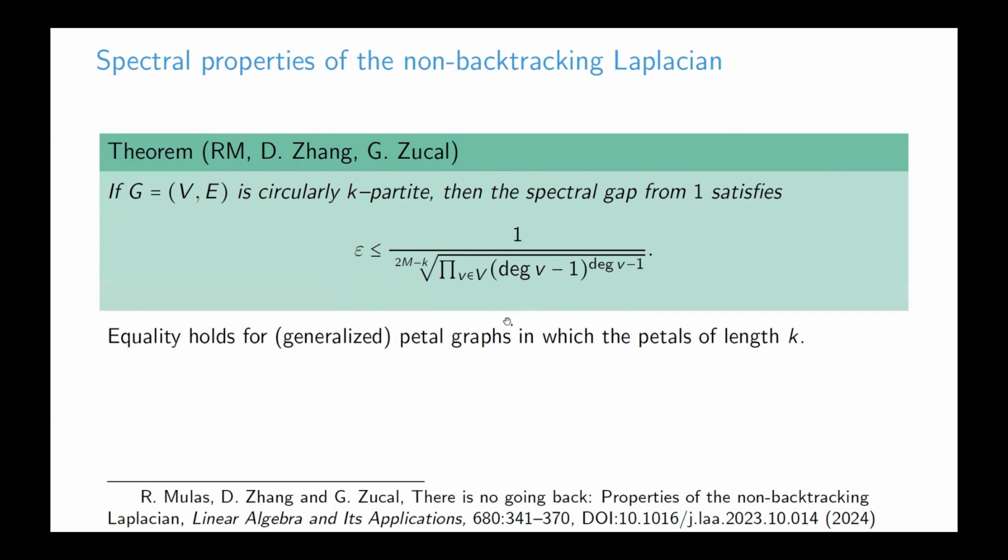And we have that equality holds for generalized petal graphs in which the petals have length k. And I think this is nice because it connects with the spectral gap from 1 that we had in the case of simple graphs for the normalized Laplacian, and for which equality holds in the case of petal graphs.